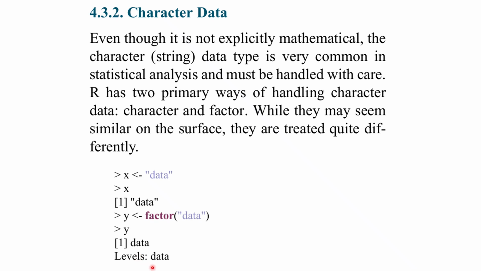Levels means, even if the same value is repeated 100 or 1000 times, that does not matter. Only the unique values will be displayed in levels: data, common, and computer. That is the factor concept here.